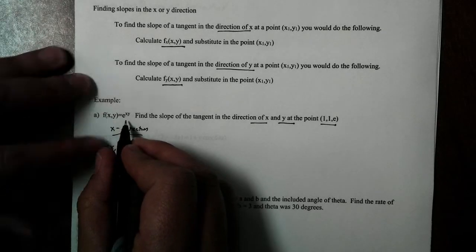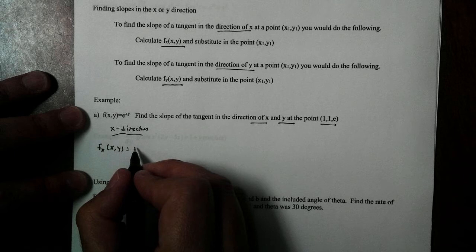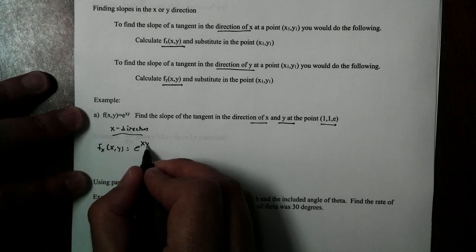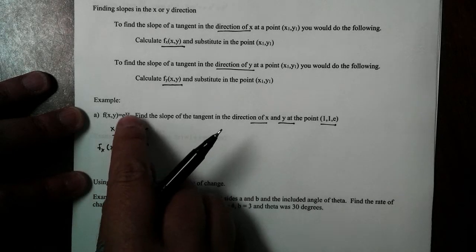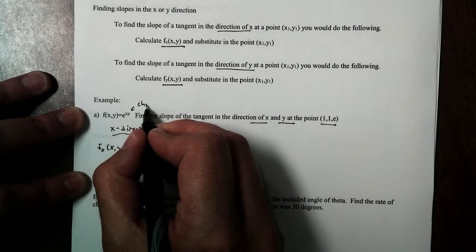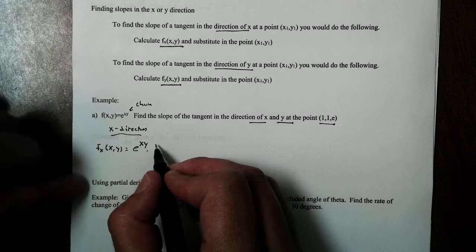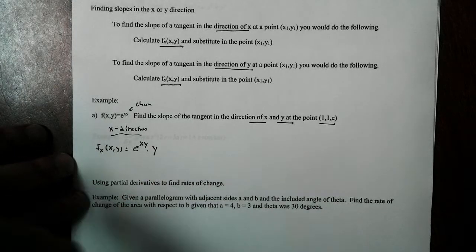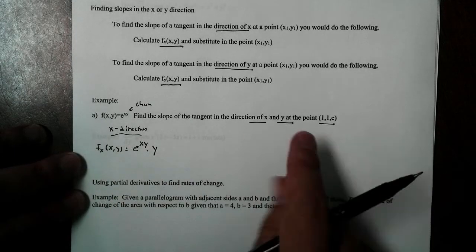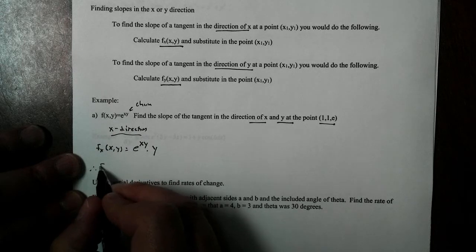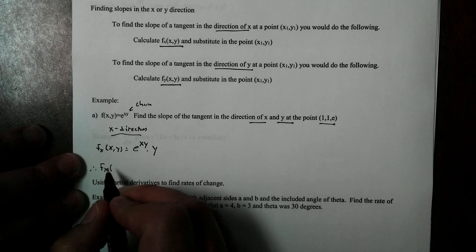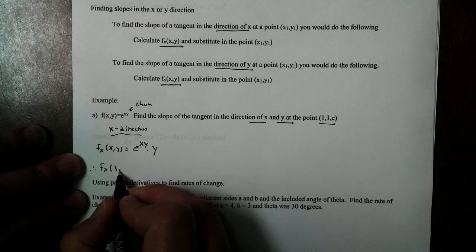And remember, we're going to treat y like a constant. So this just becomes e to the xy times, don't forget chain rule. There is a chain rule up here. So the derivative of xy, well, if y is my constant, then this just becomes y, because the power goes to 1.